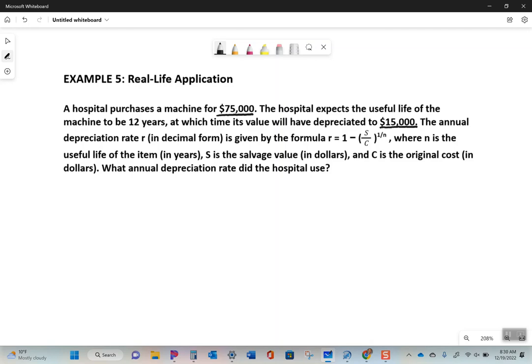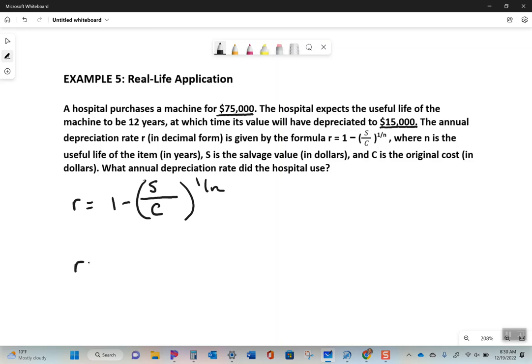Okay. So we need to use this formula. They say the depreciation rate R is equal to 1 minus whatever your salvage cost is, how much it's worth after time, over the original cost, all to the 1 over N power. That's an S. So let's see what we can fill in here, guys.